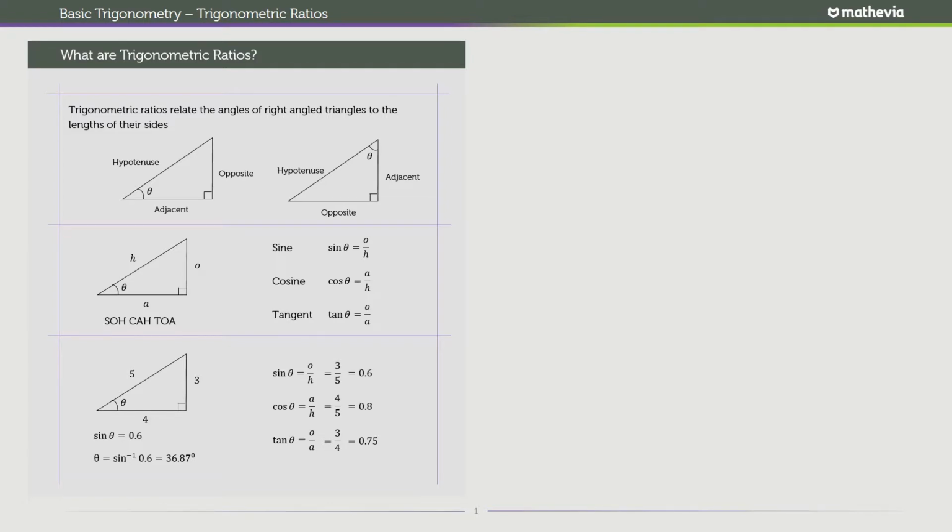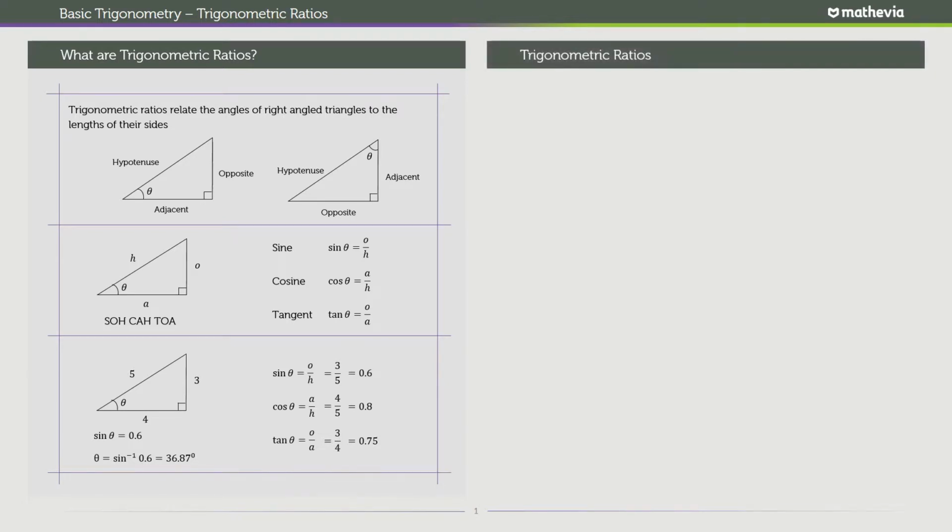So theta equals the sine inverse of 0.6, and you can do this using a calculator. Sine inverse of 0.6 gives you 36.87 degrees. And that's pretty much all you need to know.